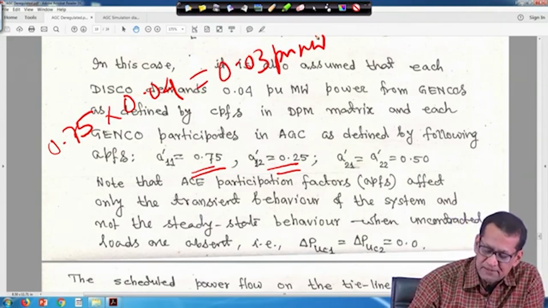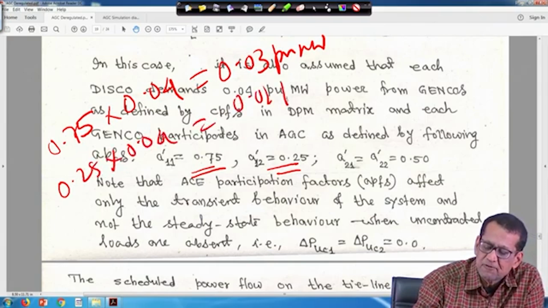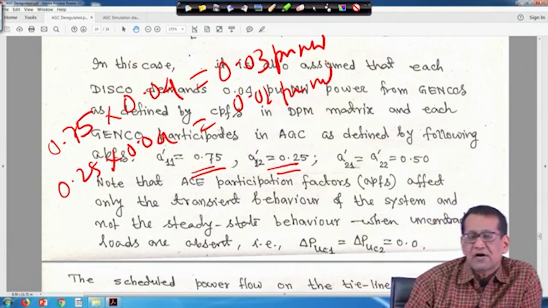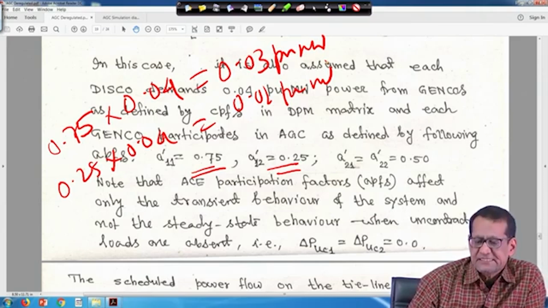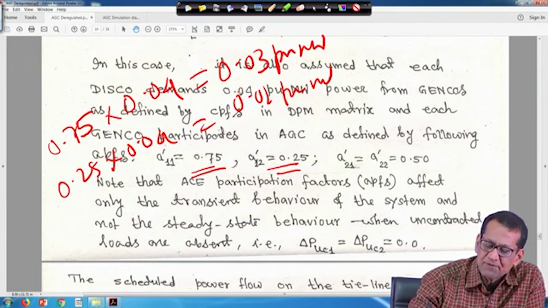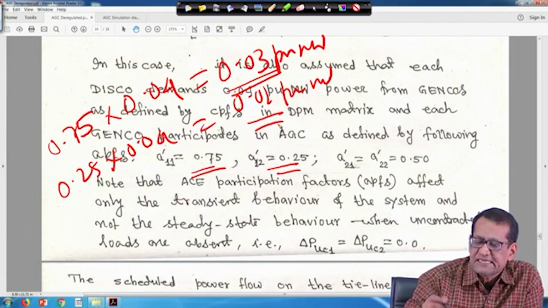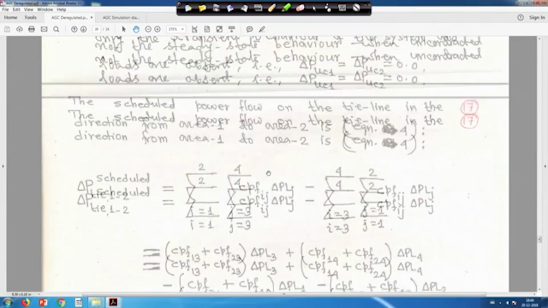Similarly, GENCO 2, that is 0.25, so it will be 0.25 into 0.04. So, that is 0.01 per unit megawatt. So, apart from generating the contracted power, that is in case 2, whatever delta PG1 steady state was there, apart from that, this 0.03 will be added to GENCO 1 power and 0.01 will be added to GENCO 2 power, that they have to generate at the steady state.